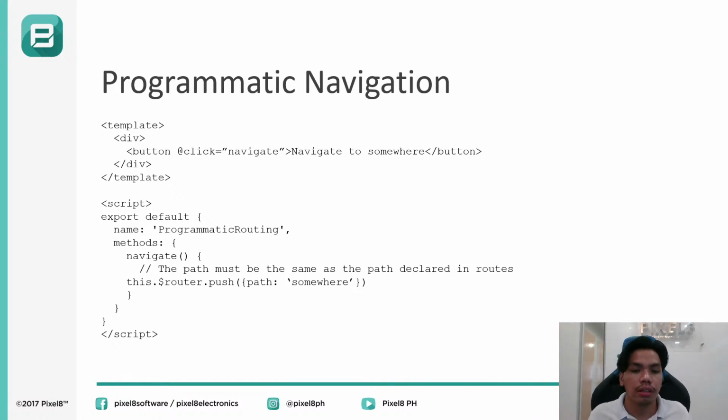So if you click the button, in this example it says click navigate, it's going to call the method navigate, and then the method itself is going to push another route inside the current route, therefore replacing the old route with the new route, which is somewhere in this case.